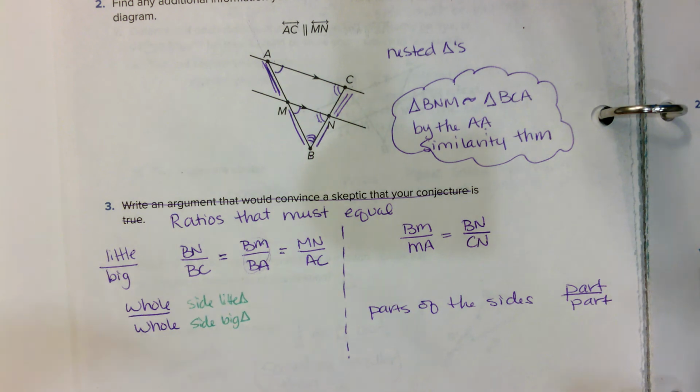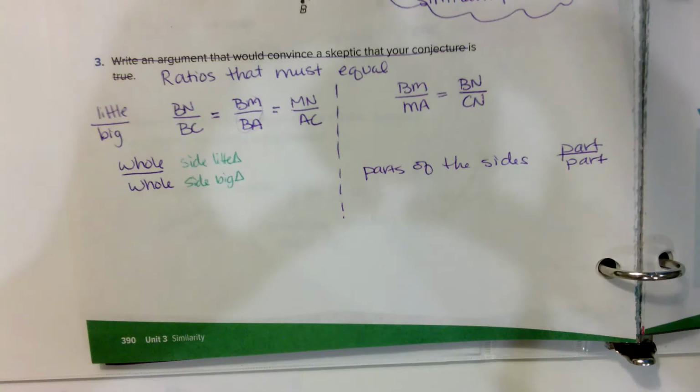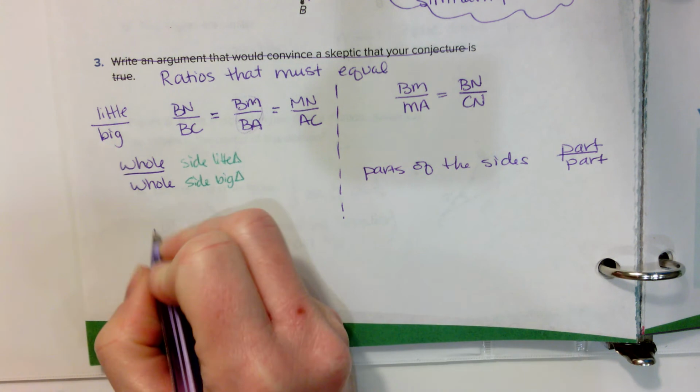So this is called the triangle proportionality theorem. So let's write that down real quick before we keep going with this.